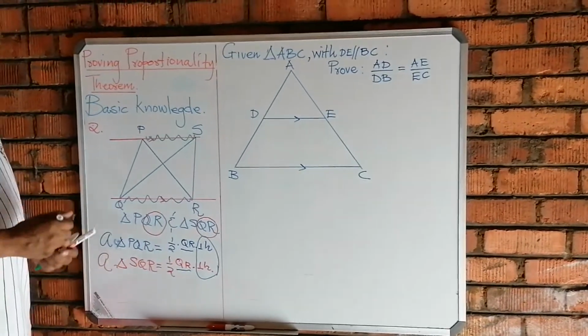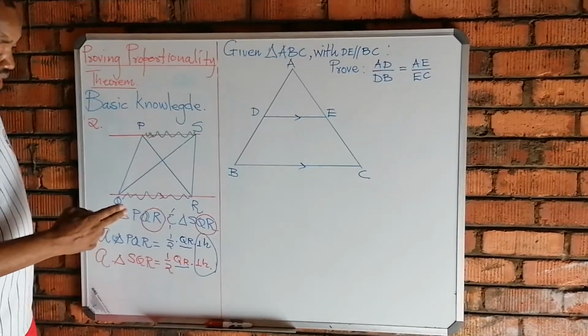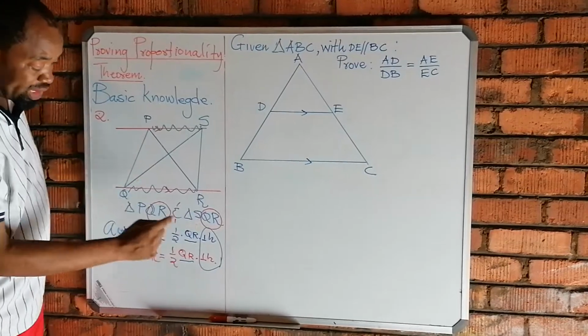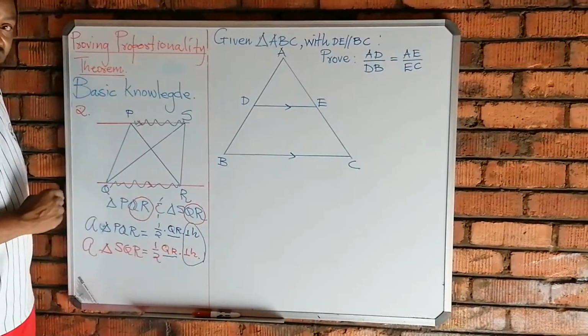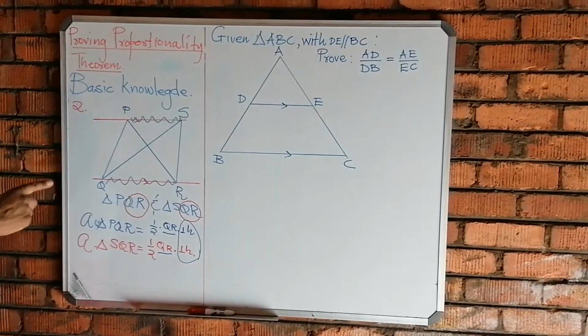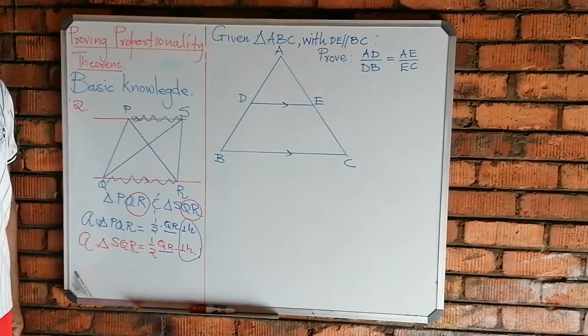And if you look at this, we have QR and we have QR, meaning that these two triangles will have the same area. What is the reason? The reason is the fact that they are between parallel lines which maintain the same height and they have the common base. That was basic knowledge number 2.